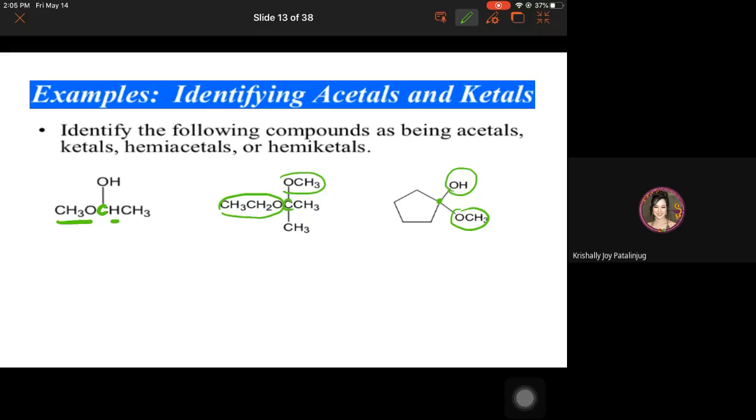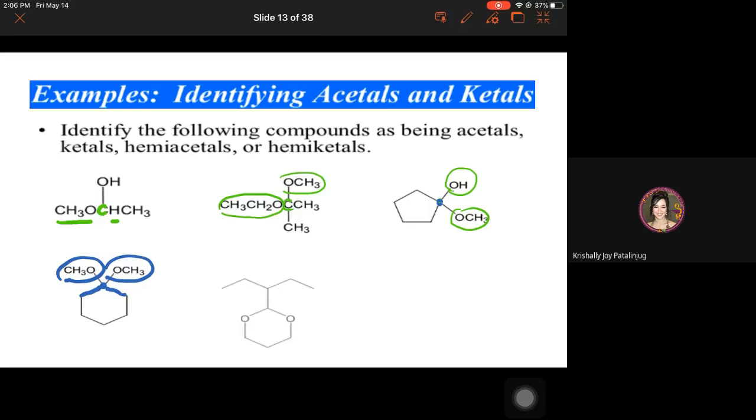What do you think is this? Very good. It's hemiketal. Obviously, wala na siya presence of hydrogen. So, hemiketal. Next, puros OR. So, naa na sa acetal or ketal. Tell me, is it acetal or ketal? Very good. It's ketal. Wala na may presence of hydrogen, kay puro naman ni R group.